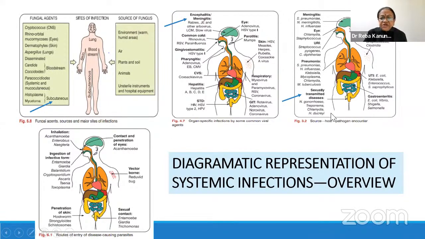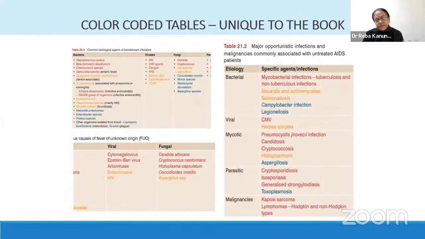And for sexually transmitted infections, what are the bacteria or parasites which can cause infection, and how do the organisms enter the body? These diagrammatic representations will help the student to have a visual impact and retain the listing.